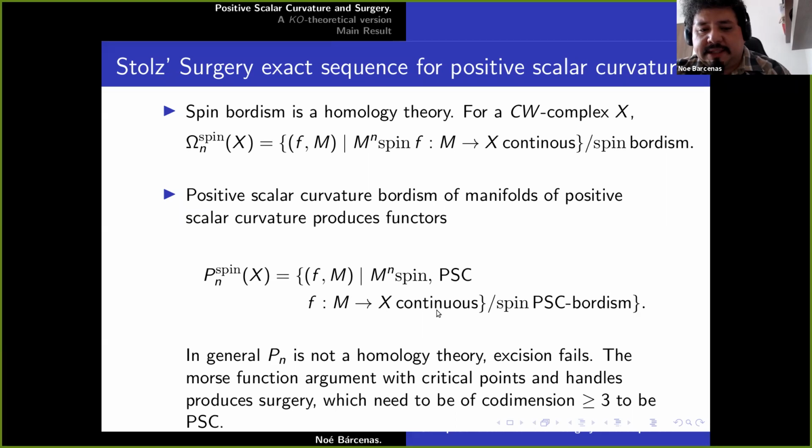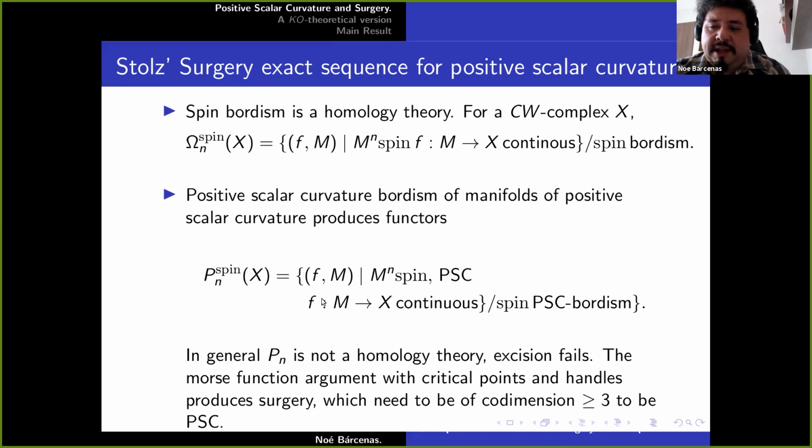So excision fails there, but still we can consider these groups, which are an interesting invariant for a manifold if it admits a metric of positive scalar curvature.